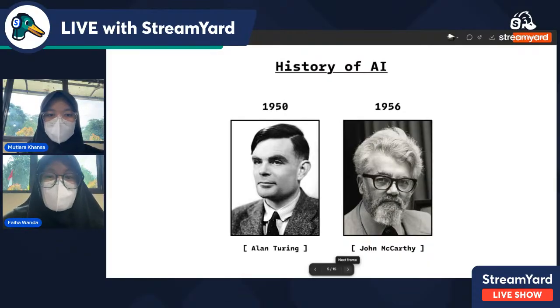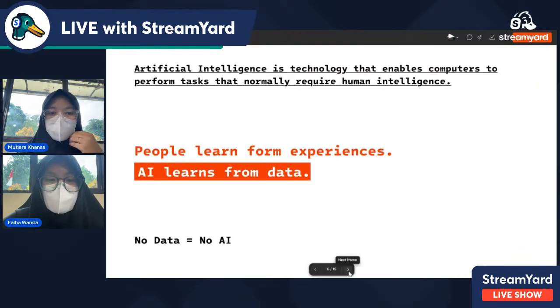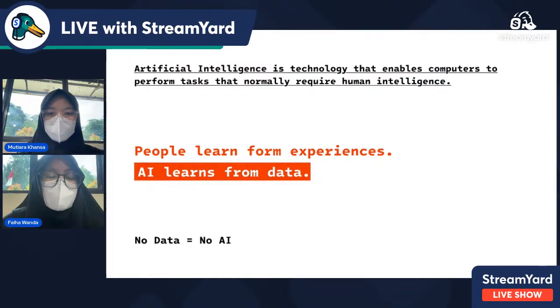So, what exactly is AI? Artificial intelligence is technology that allows computers to perform tasks that normally require human intelligence. For example, recognizing faces, understanding language, translating text, or helping people make decisions.